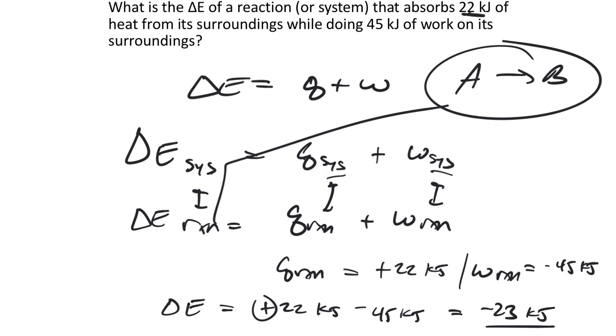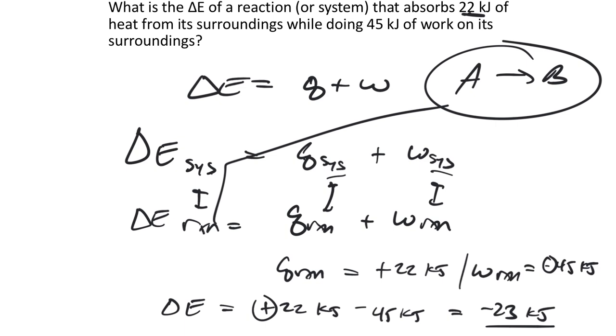And then for the system doing work, if we release energy in the form of work, the system moving the surroundings, the system working on the surroundings, then that would be negative. So the work is negative here because we're doing 45 kilojoules of work on its surroundings. If the surroundings is doing work on the system, then that would be positive for work.